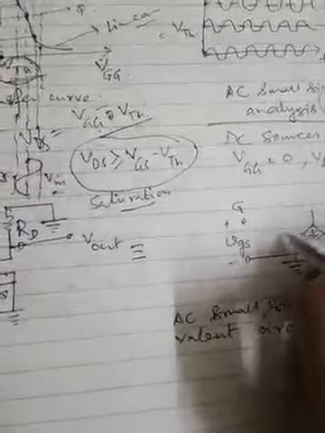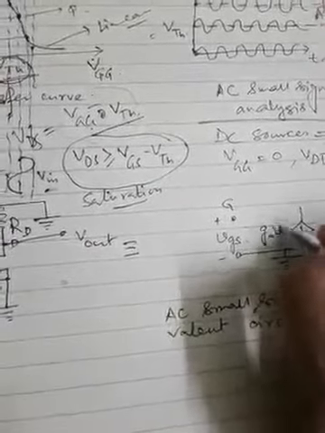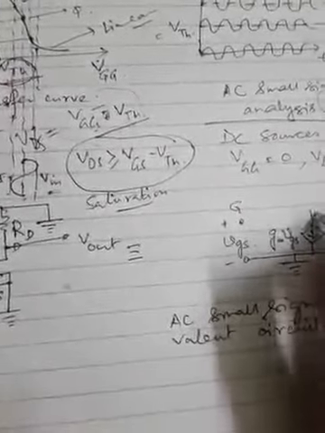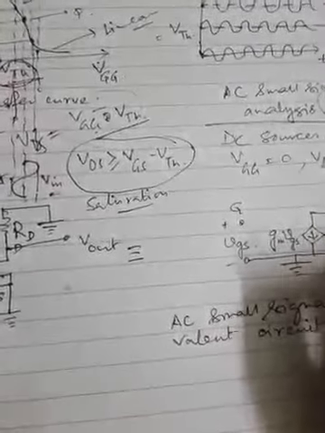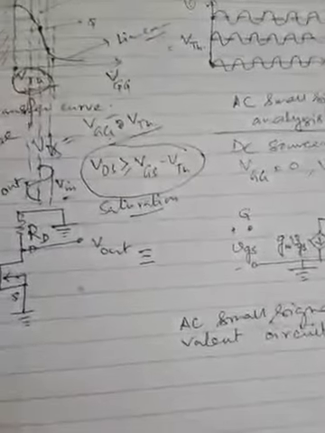The value of this voltage controlled current source is gm VGS, small VGS, and gm is the transconductance. And parallel to this current source, the AC drain resistance rd is connected in parallel with this source.